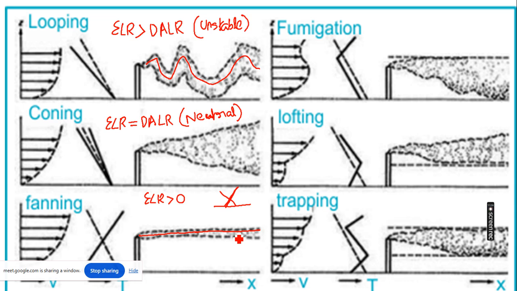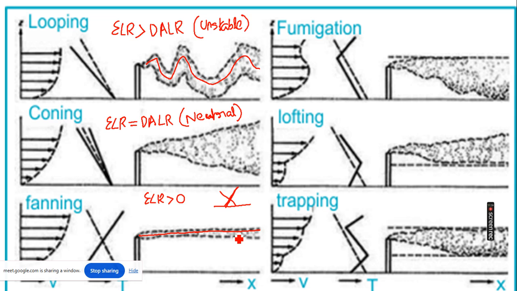Fanning plume behavior generally happens when there is a surface inversion layer present. Inversion layer means the environmental lapse rate is having a positive value. Or when you look at the vertical profile of temperature with respect to height, the temperature will be increasing with respect to height.